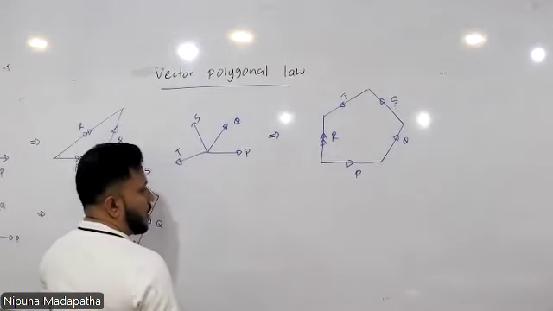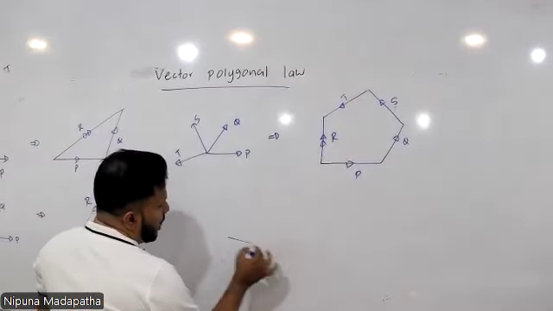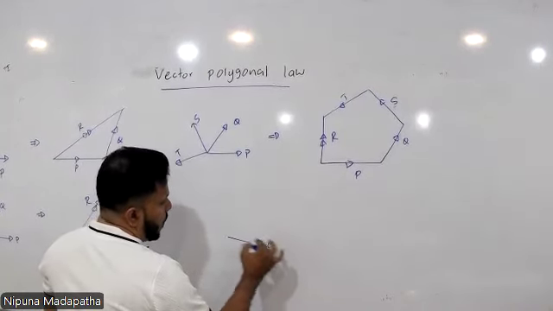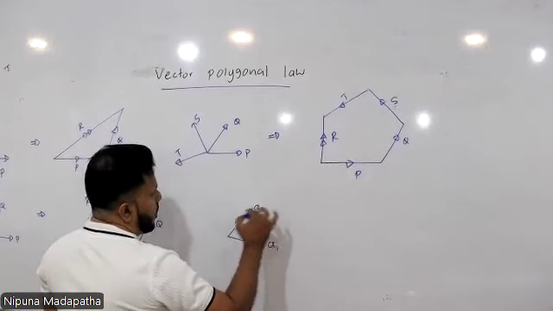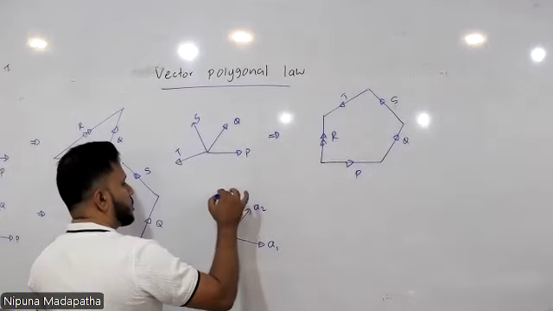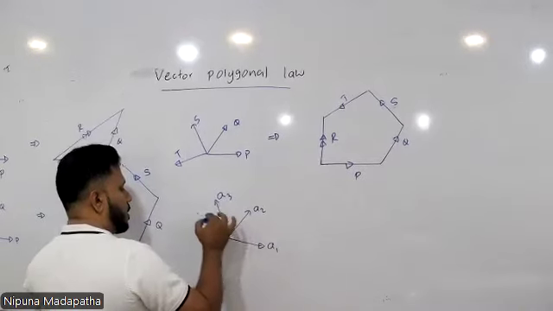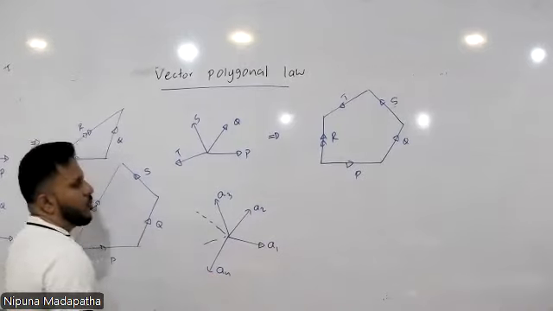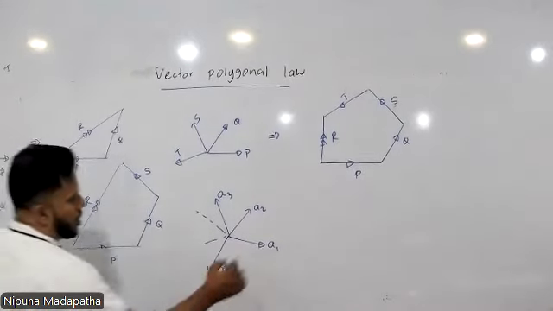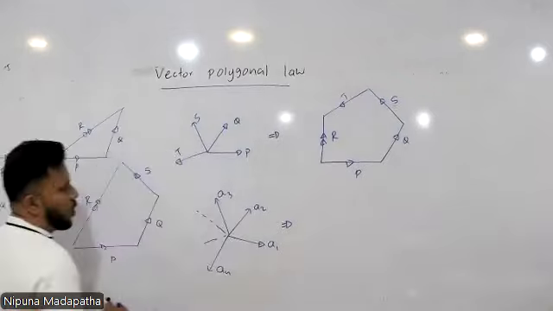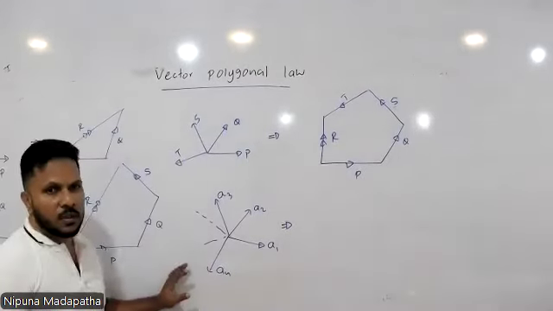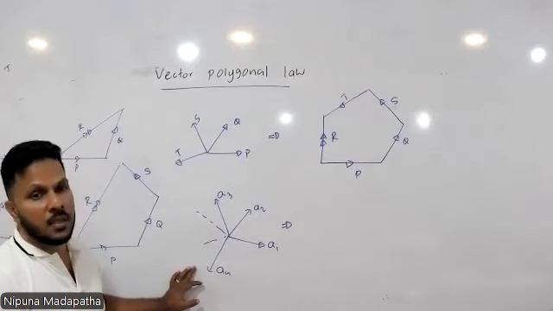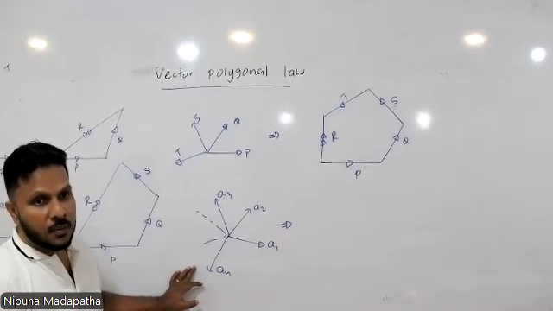If you need to add n number of vectors, what polygon do you need to draw? How many sides should there be? n plus 1. Which side represents the resultant?